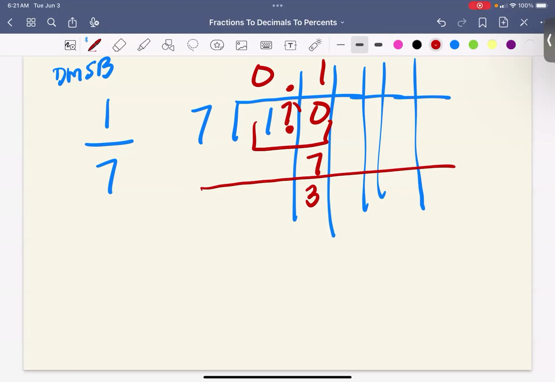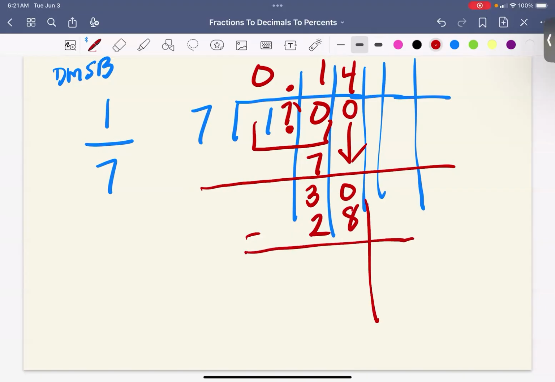I want to keep dividing. Add a 0, bring that down. 7 goes into 30. Let's see, 7 times 5 is 35. That's too big, so I've got to use 7 times 4, which is 28. I want to keep dividing. 30 minus 28 is 2.